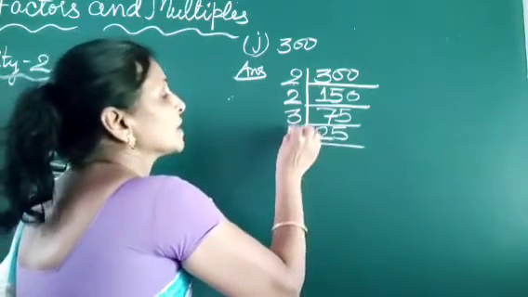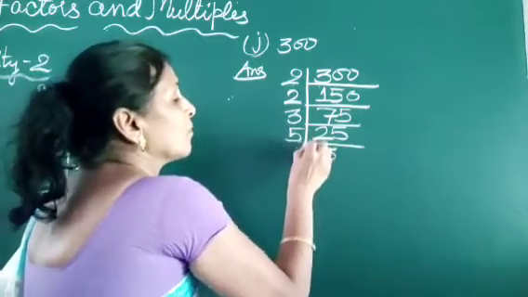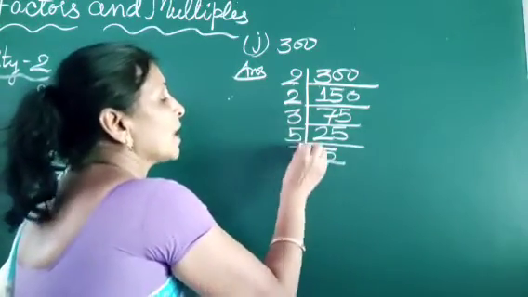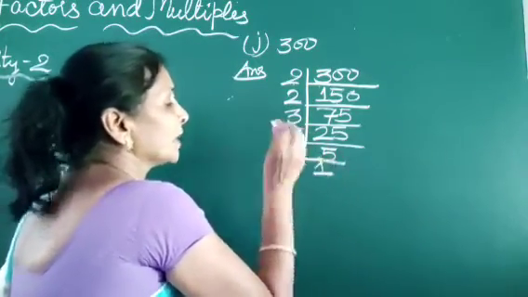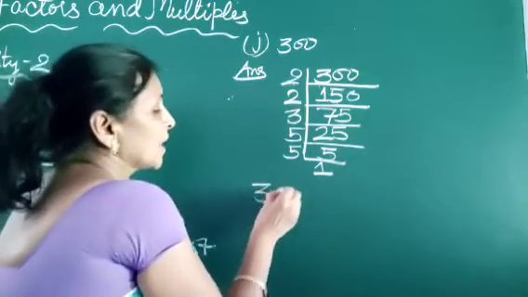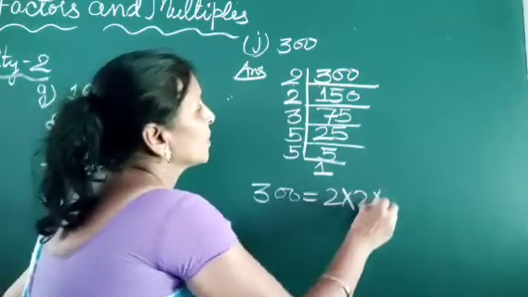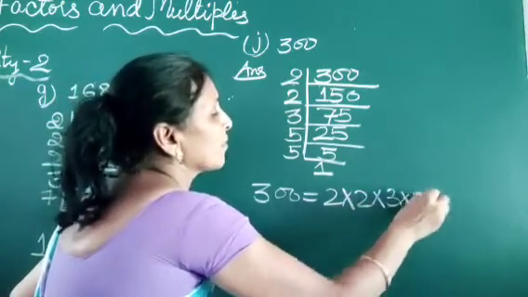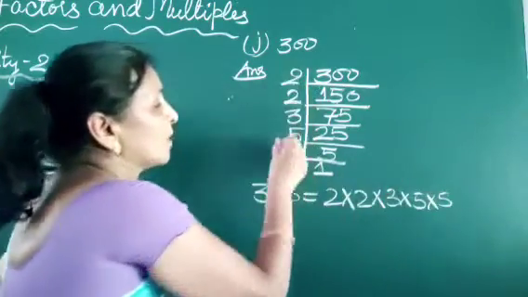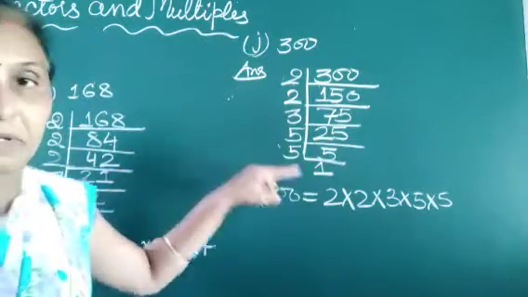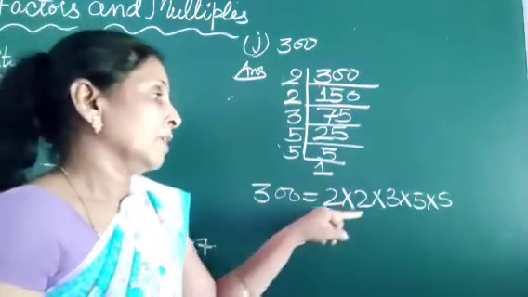Then 25 is divided by 5. 5 5s are 25. Then 5 is divided by 5, then 1 comes. The prime factorization of 300 is 2 multiplied by 2 multiplied by 3 multiplied by 5 multiplied by 5. We write all these numbers here in product form.